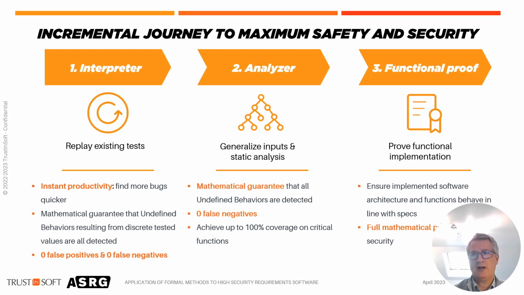And by experience, I would say probably 90% of the market does not need the functional proof, or the effort involved in functional proof is too high compared to the value and the requirements for the software. So I would say 90% of the market is only using level 1 and level 2. But when that's necessary, and very specifically on the pieces of code that you want to validate extremely well with functional proof, this is something that you can use with formal methods and with the TrustInSoft analyzer in particular.